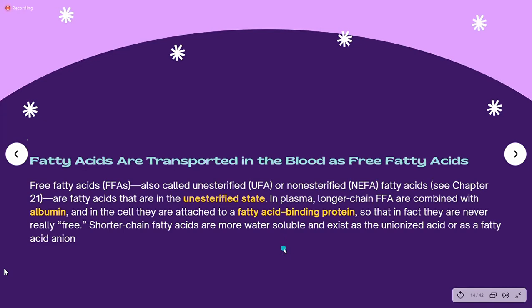Like short chain, 6 carbon atom, 4 carbon atom fatty acids, or 8 carbon atom fatty acids. They are short chain, and then you have your medium chain. And your medium chain is up to about 12 carbon atoms. Okay?